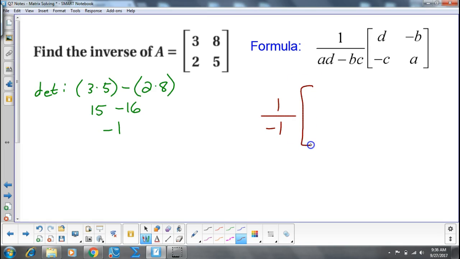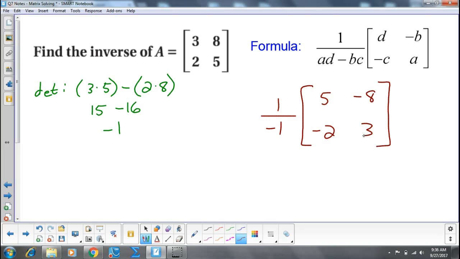Now, inside, left to right, what is my matrix? 5, negative 8, negative 2, 3. Fantastic. I would accept that as an answer for the inverse.